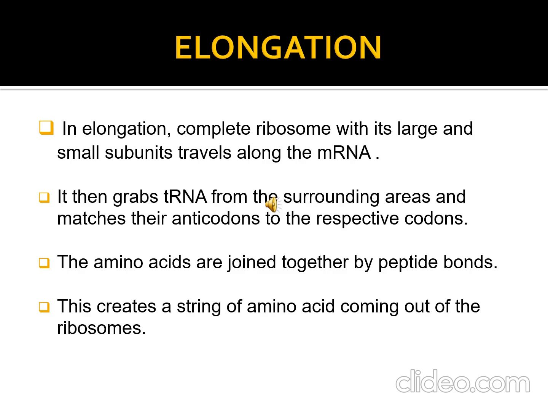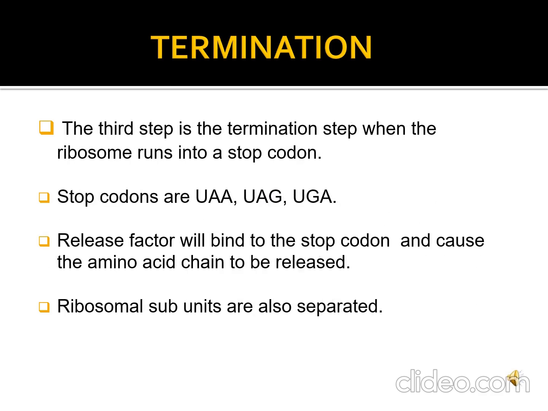The amino acids are joined together by peptide bonds and create a string of amino acids coming out of the ribosome. The process of ending of translation is known as termination, and it is accomplished by the stop codon.